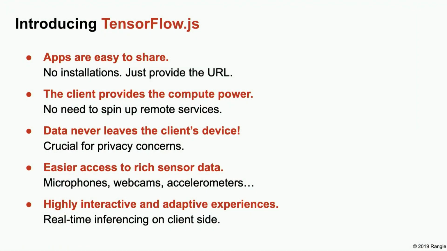Next point is it gives you easier access to rich sensor data. So this is in the browser. The same application that runs in the browser can run on a mobile phone. And within, say, a dozen lines of code, you can access things like the microphone and the webcam.